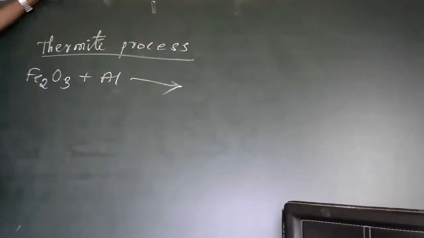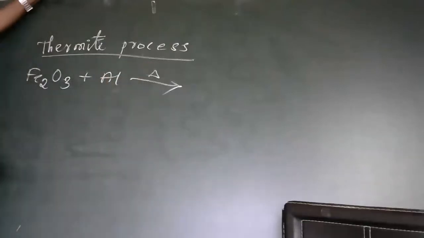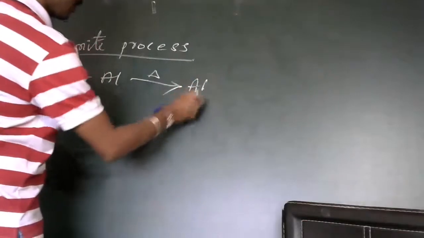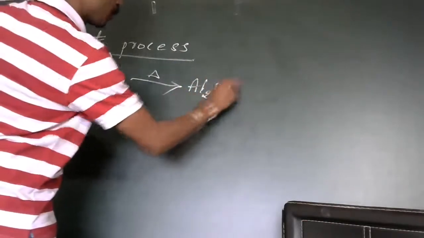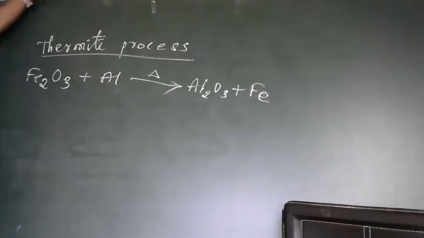During this, heat is provided. When you provide heat, this reaction happens and Al2O3 is formed plus iron. Iron is separated over here.